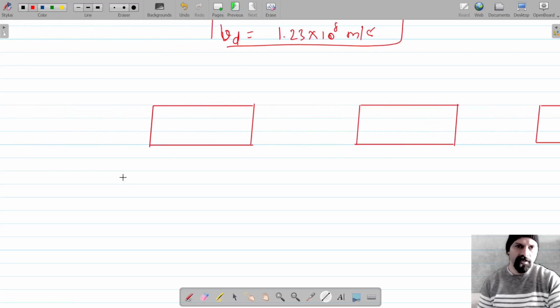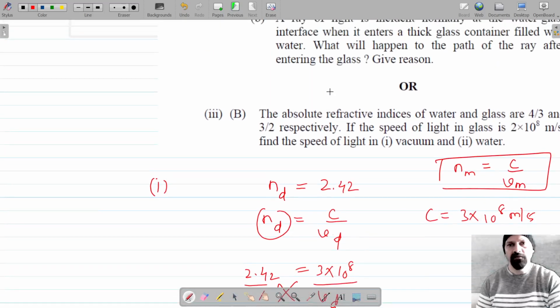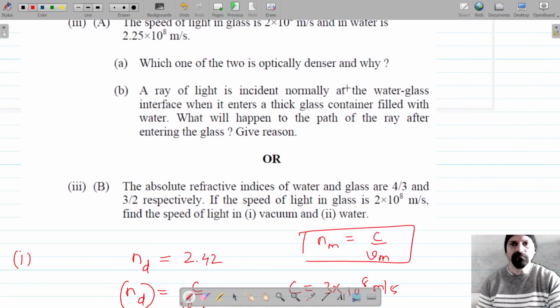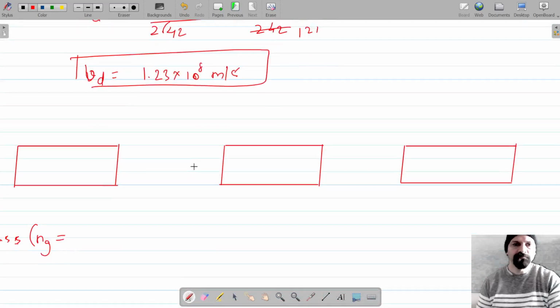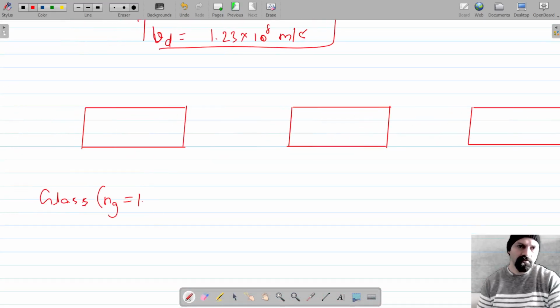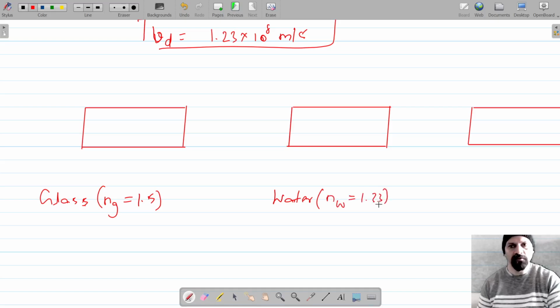Let these be the slabs. The first one is glass, and its refractive index is noted by ng. So glass has refractive index 1.5. Next one is water, and water has a refractive index of 1.33.